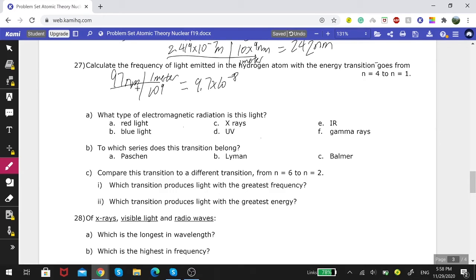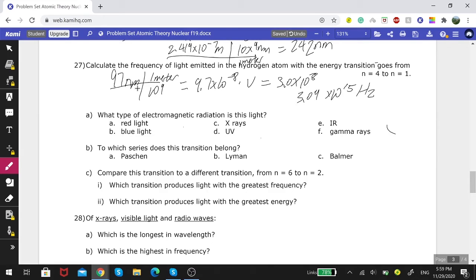That is meters times the frequency, which equals 3.0 times 10 to the 8th. Now divide 3.0 e to the 8th by 9.7 e to the negative 8th. That gives us 3.09 times 10 to the 15th Hz.